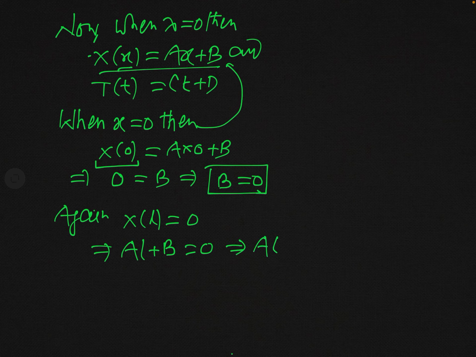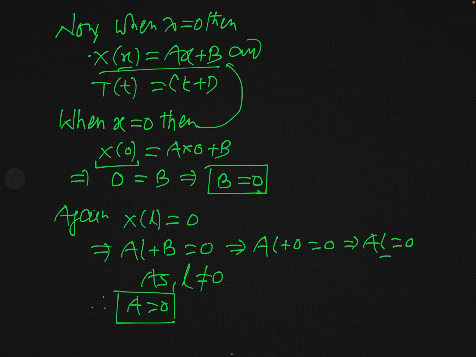So this will be aL plus 0 equal to 0, and it means aL is equal to 0. As you know, L is the length of the string, and this cannot be 0. So if L is not 0, then this result shows that the constant a will be equal to 0.